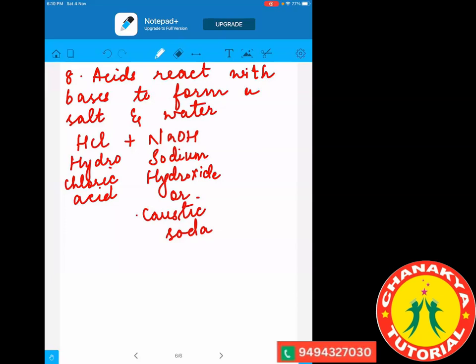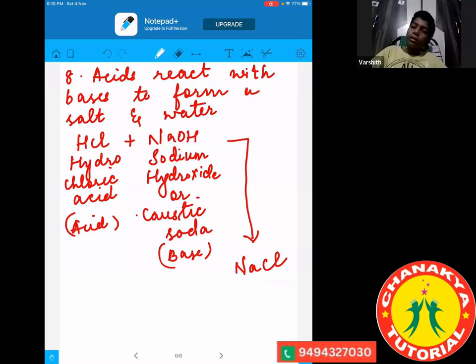So HCl is the acid here, and NaOH is a base here. And when acid reacts with the base, they form a salt. So these both will be joined together and they form NaCl. What is NaCl? Sodium chloride. Very good.